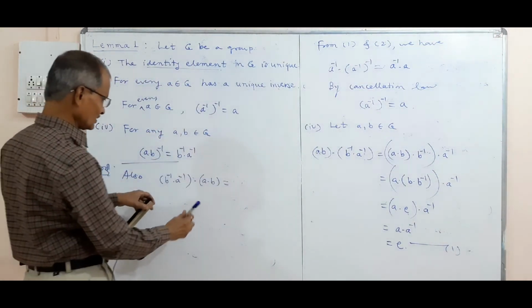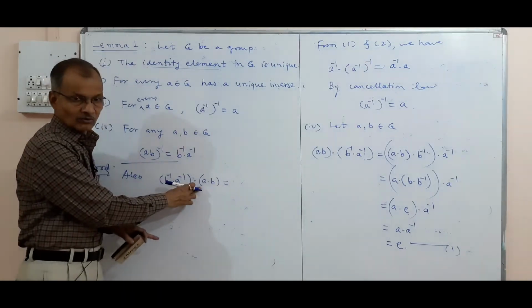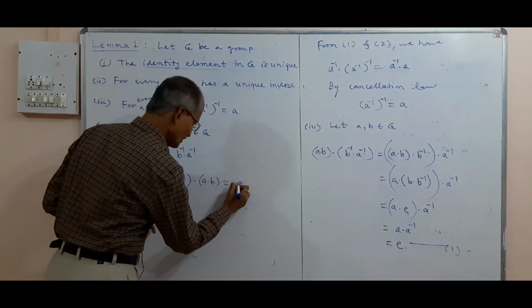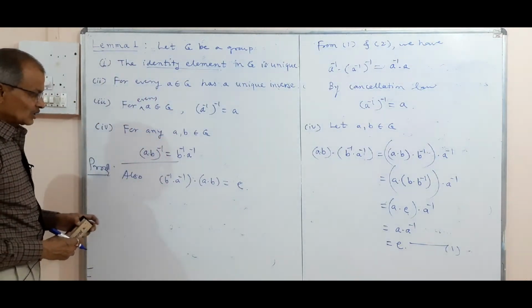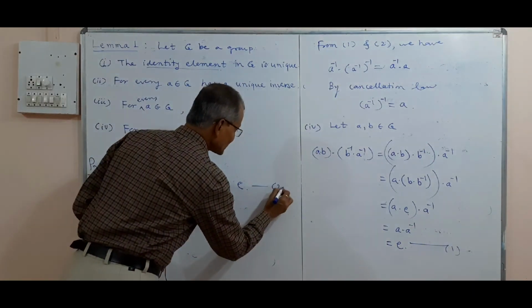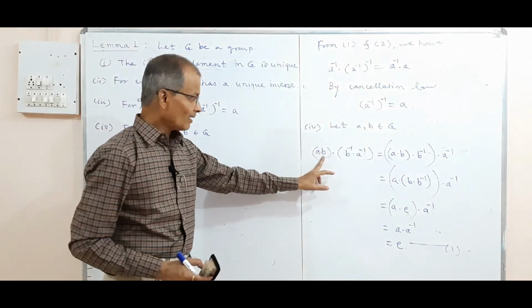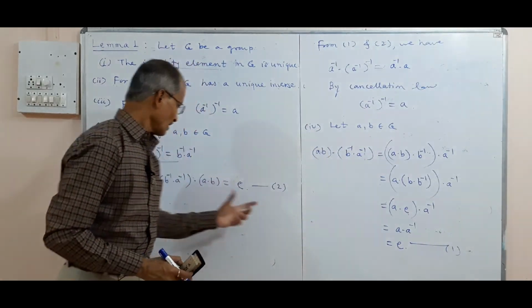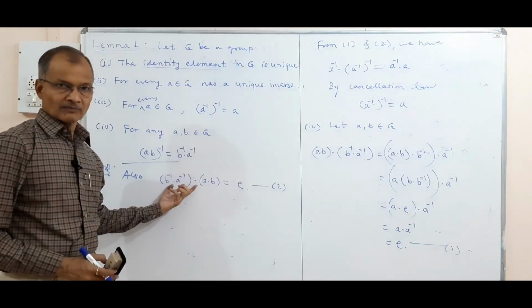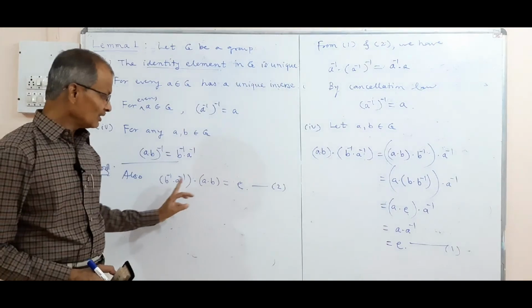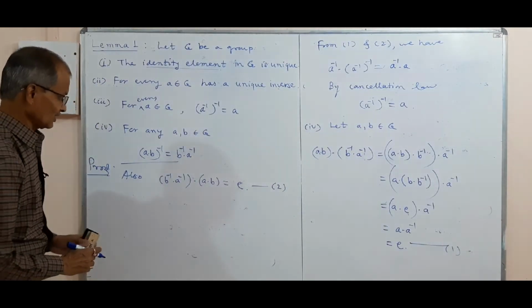We can combine the middle two and then use the associative property, and this will result in E. And thus we may call this the second. And from the first and second, the composition of these two elements, and if you change the order, the composition of these two elements is also E, meaning these two are inverses of each other.